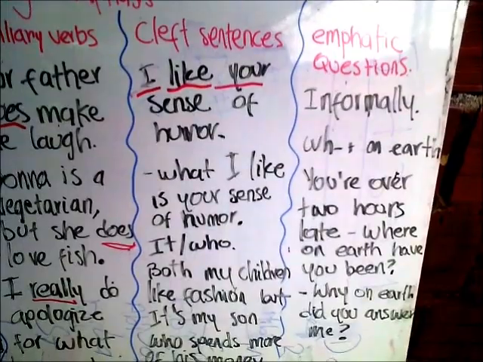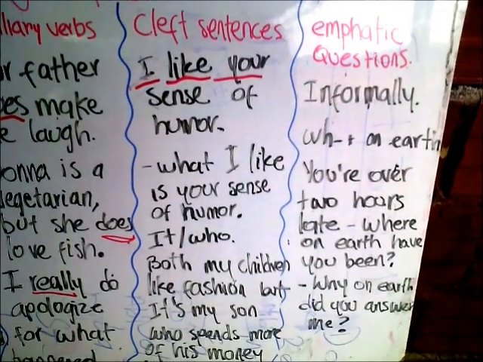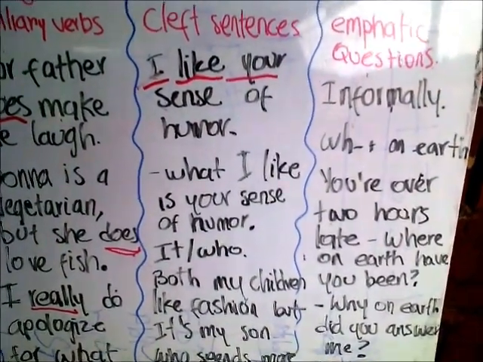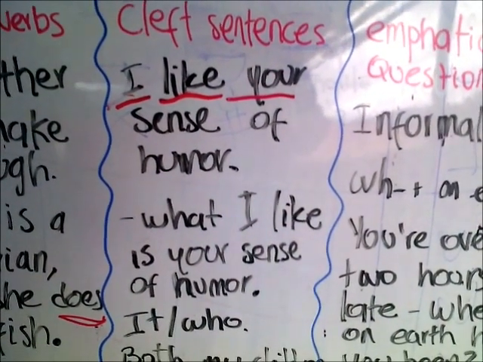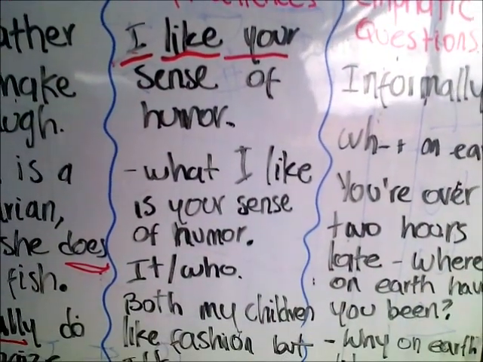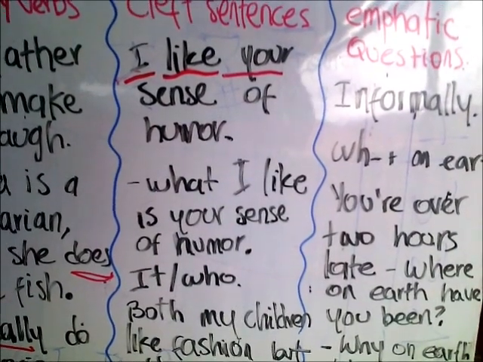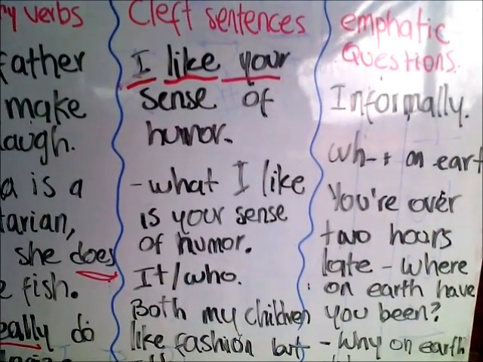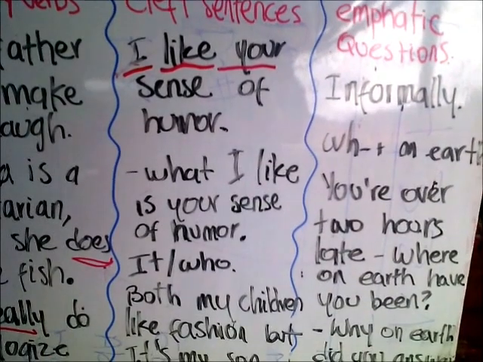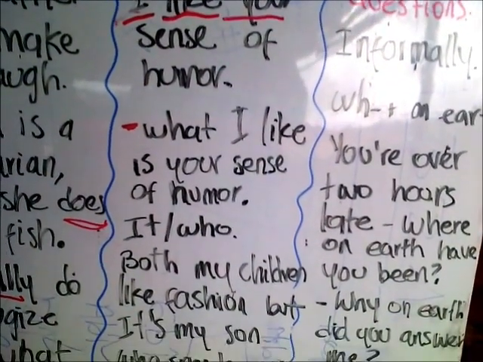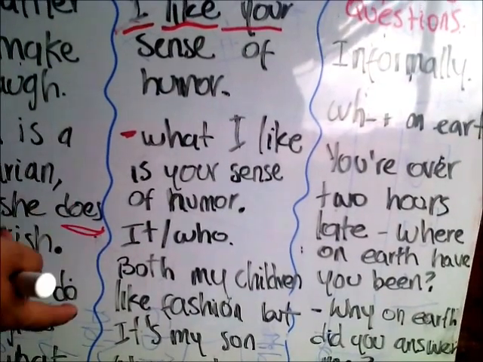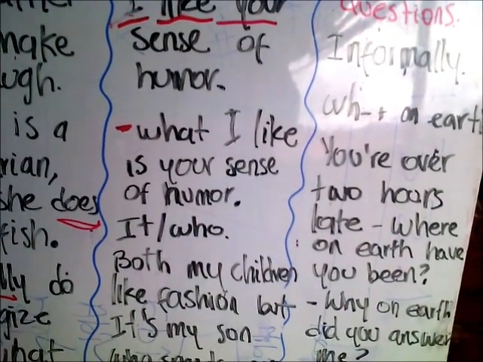However, if you want to emphasize that you like his sense of humor more than anything else about him, you have to use a cleft sentence that begins with a what clause and the verb be. For example, the sentence with the cleft sentence can be, what I like is your sense of humor.